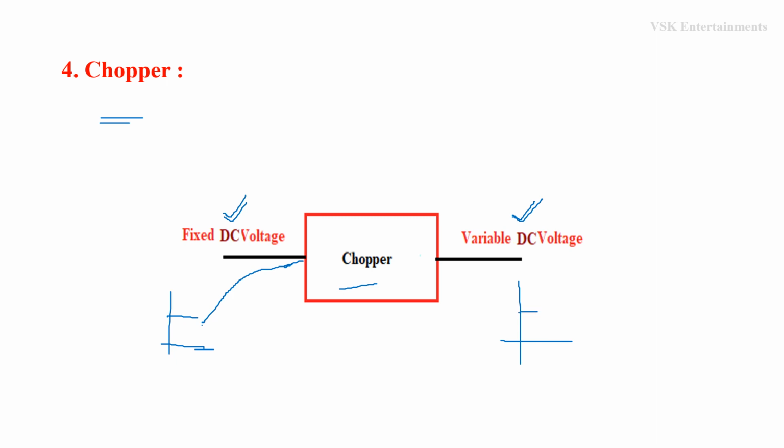Variable DC means we get it like this. This is the waveform for the variable DC voltage, and this is the output of the chopper circuit. So a chopper is a circuit which converts fixed DC voltage to variable DC voltage.